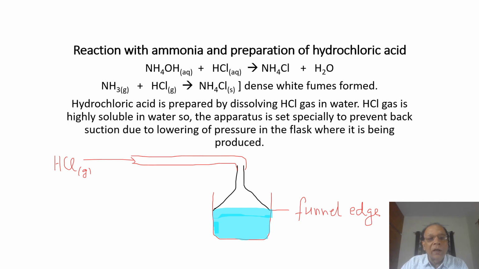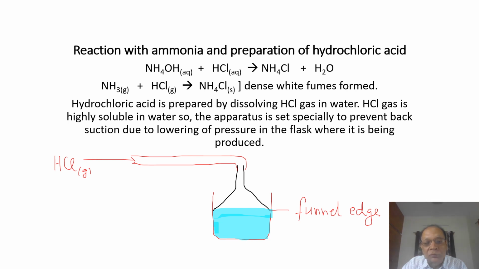Now, hydrochloric acid is prepared by dissolving HCl gas in water. HCl gas is highly soluble in water, so the apparatus is set especially to prevent back suction due to lowering of pressure in the flask where it is being produced. So this tube comes from the apparatus where the gas is being produced.